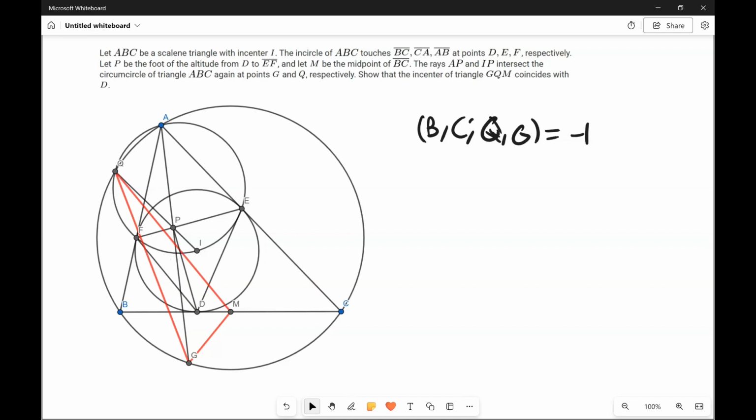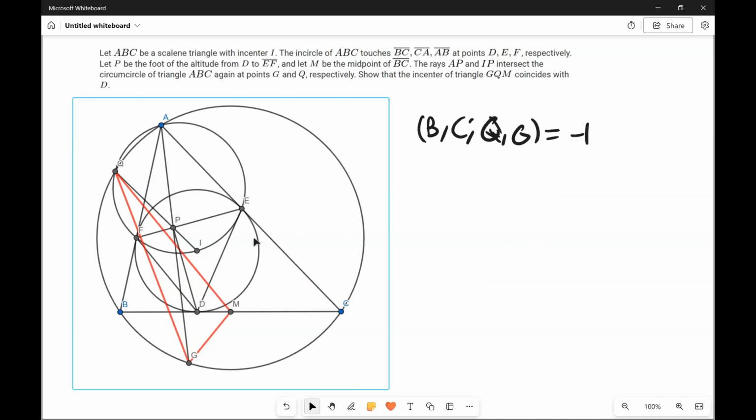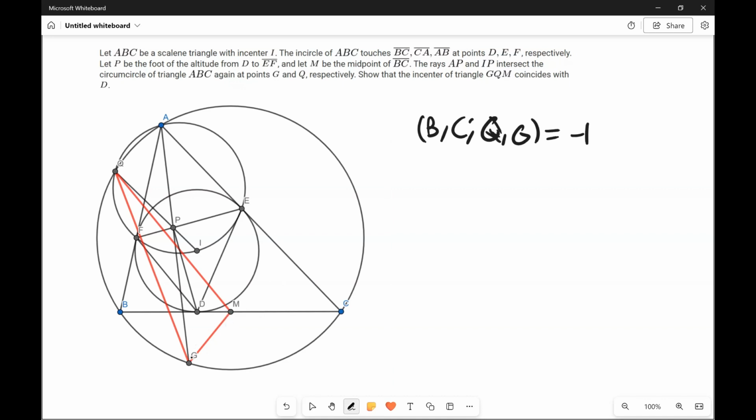So using MD bisecting angle QMG doesn't seem the nicest because angle QMB doesn't seem to work well. So let's try showing that GD bisects angle QGM.